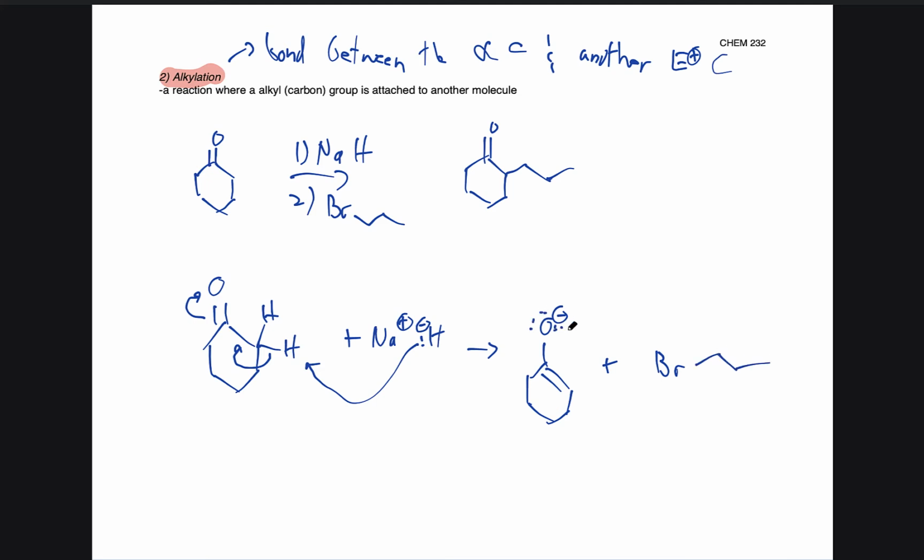And then we do this SN2-like attack, where we have a nucleophilic carbon coming in, kicking out our bromine. We see that? The nucleophilic carbon here is attacking the electrophilic carbon there to get to our final product.